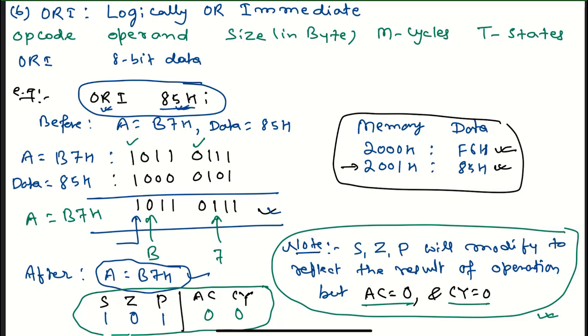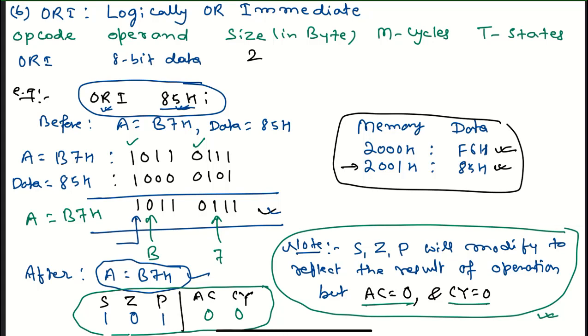So before execution of this instruction, it is going to occupy two memory locations. Each word size is 8 bit here. So as a size it will take 2 bytes.